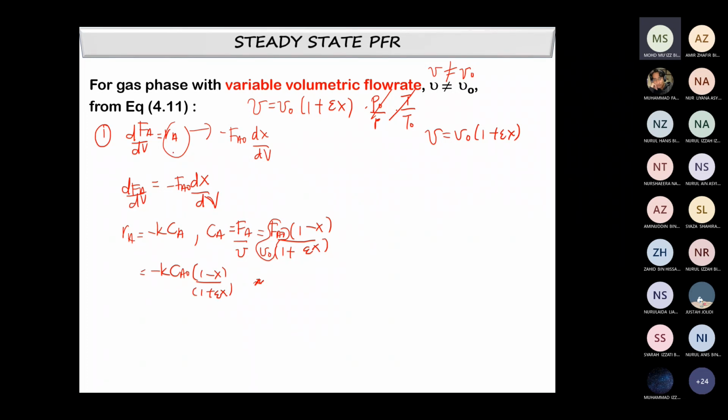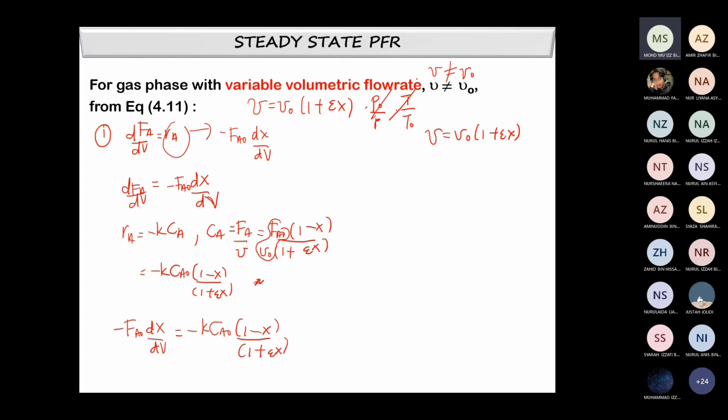So apa tu RA? RA is equal to negative FA0 dX over dV. Masukkan balik, negative FA0 dX over dV is equal to negative K CA0 (1 minus X) over (1 plus epsilon X). Ini agak payah sikit. Kadang-kadang dia dah provide in the appendix.